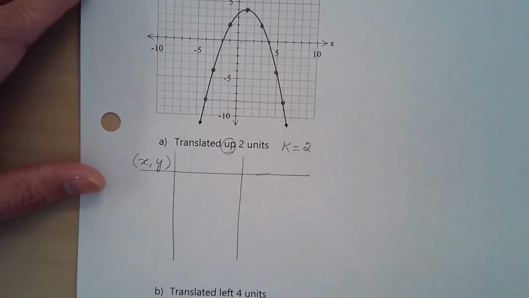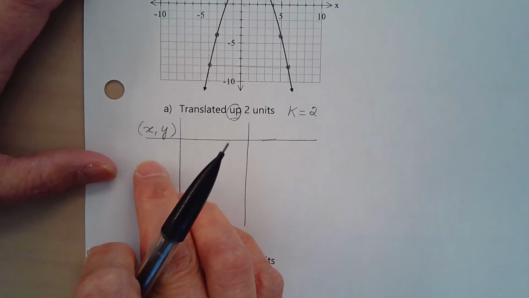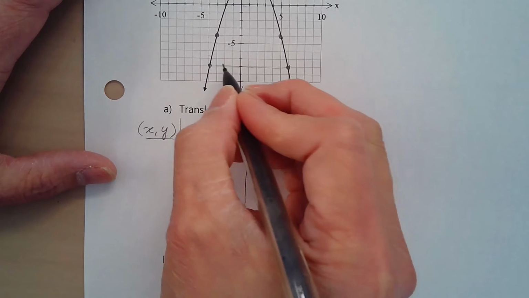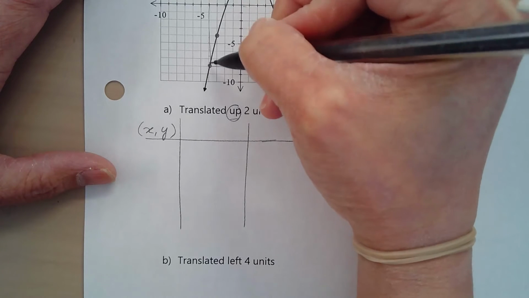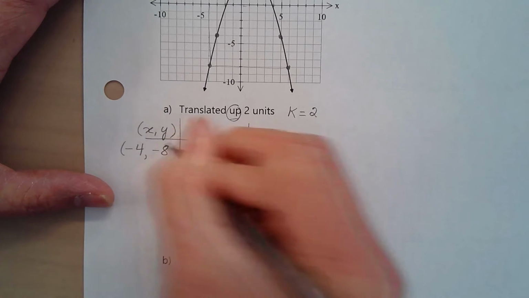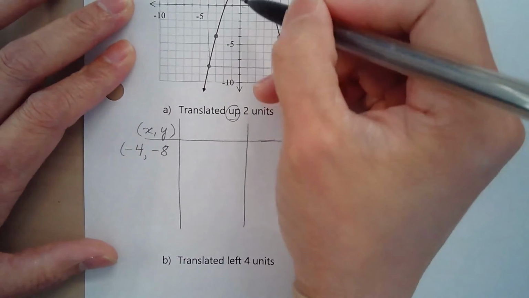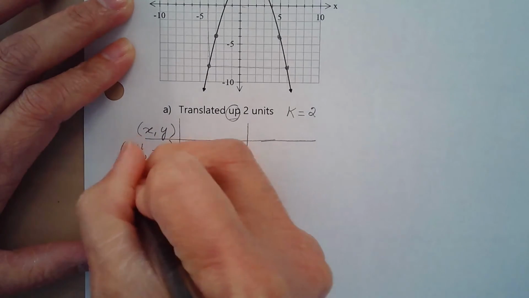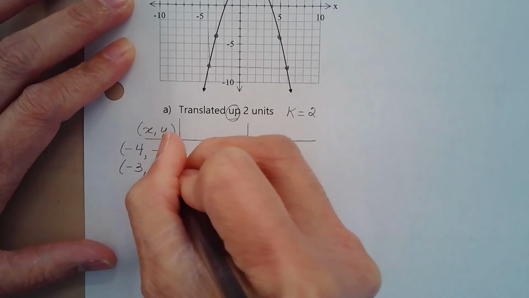Okay, good. So we're gonna use those points and put them in here. Let's start with this one over here. This is gonna be -4, -8. Cool. The next one is -3 and -4.